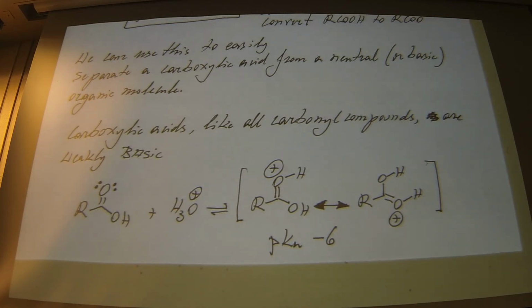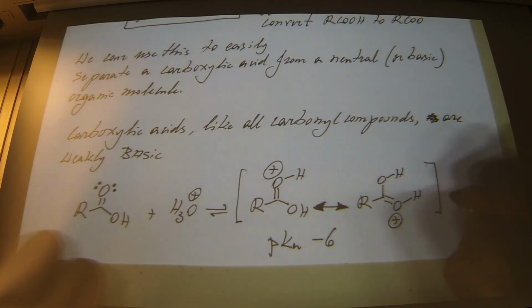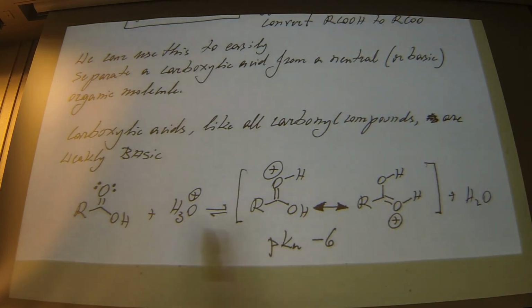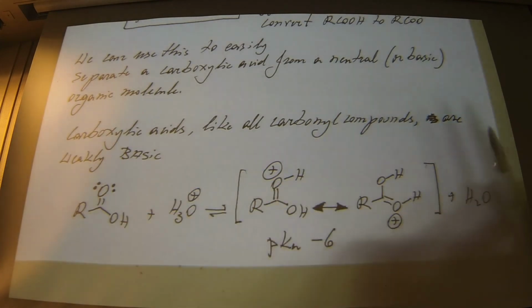Wouldn't the water one leave? Well, this water here is part of the equilibrium. I left that off, but there's water there. So why here and not there? Because if I protonate on the carbonyl oxygen, the conjugate acid is resonance stabilized. If I protonate here, it's not. Simple.